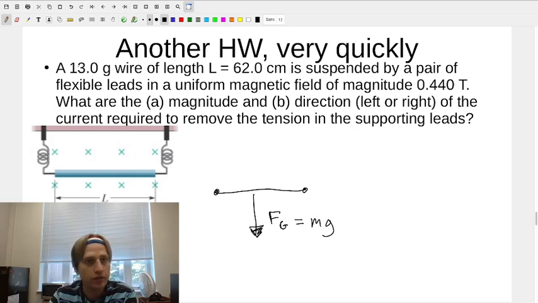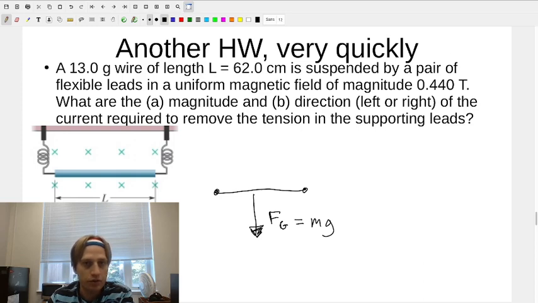M, you'll have to put in 13 grams in kilograms, so 0.013 kilograms. So you already can, from that, know what the force of gravity is, and they tell you it's suspended by a pair of flexible leads in a uniform magnetic field of magnitude 0.440 Tesla.